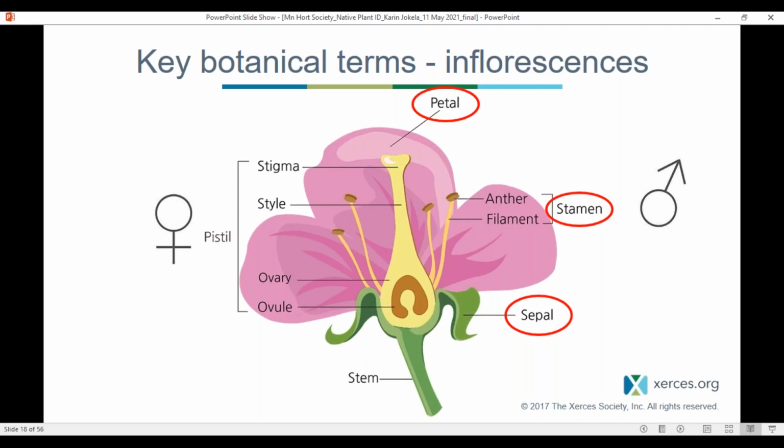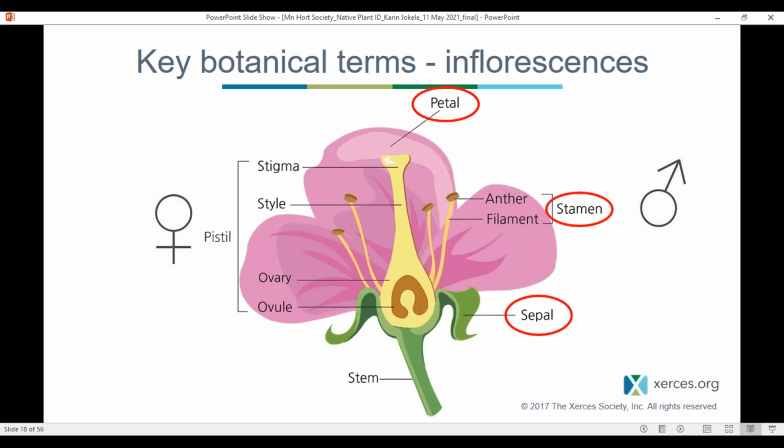So when we talk about learning some of these botanical terms and how they might be useful when you're keying out a plant, the things that are going to be useful to know are how many petals there are, can you identify the stamens, can you count the stamens, and then knowing where the sepal is. So it's that kind of leafy material below the petals.